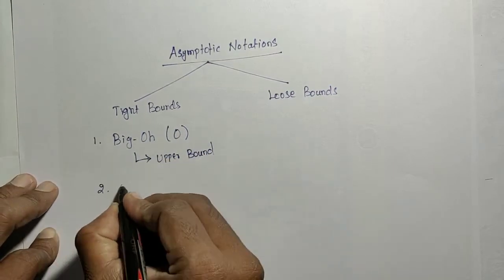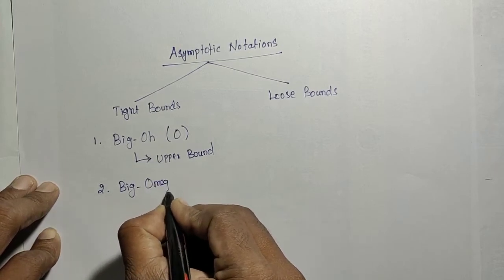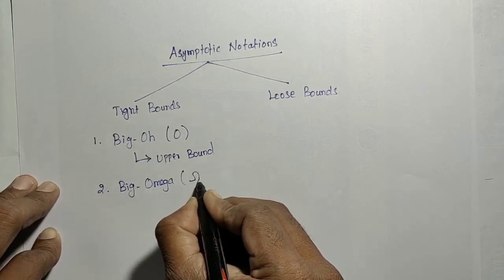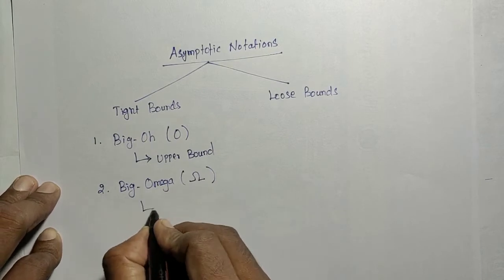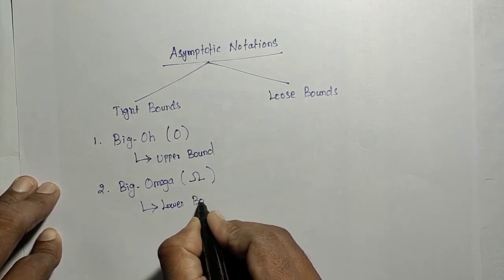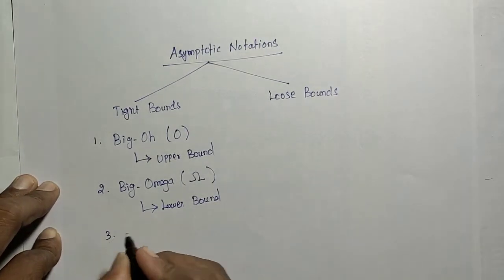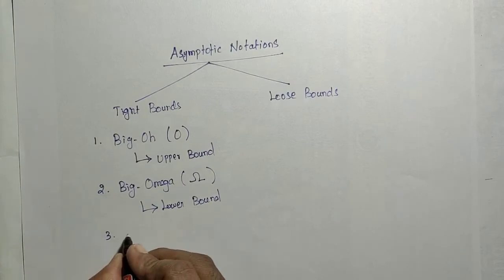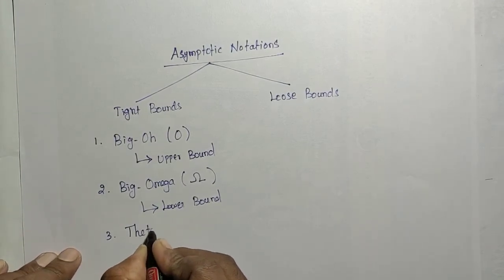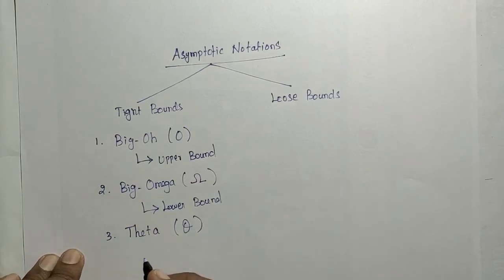The second one is the big omega, which is represented like this. This is nothing but the lower bound. And the third one is theta, which is represented as theta. This is both upper and lower bound.